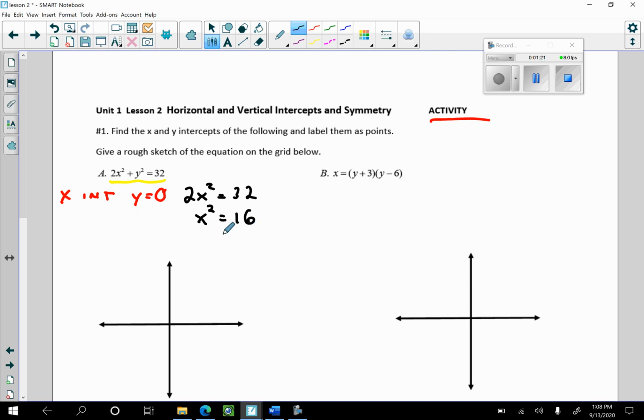If I square root both sides, x is going to be 4. Don't forget that x is equal to negative 4 as well. Negative 4 squared is 16, and 4 squared is 16. So my x-intercepts then are these 2 points, (4, 0) and (-4, 0).